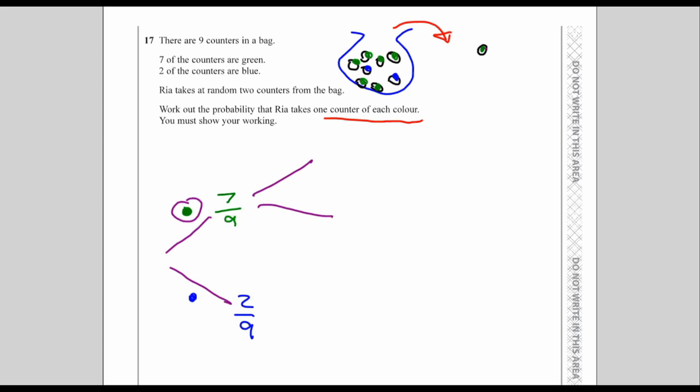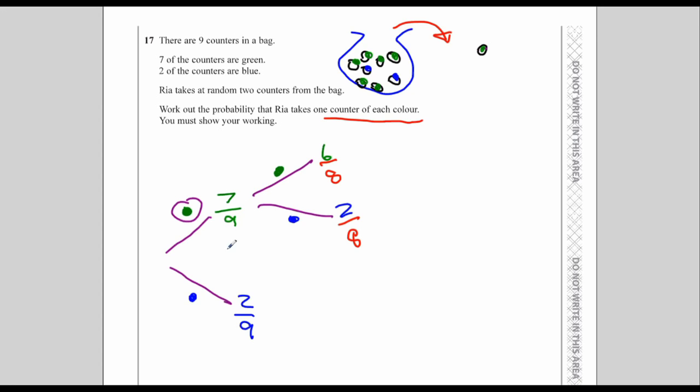So there's only 8 counters left. Okay? So these answers are going to be out of 8. And what's the probability of getting a green? Well, we've already taken one out. There's 1, 2, 3, 4, 5, 6 left now. 6 over 8. What's the probability of taking a blue? There's 2 blue left out of 8.